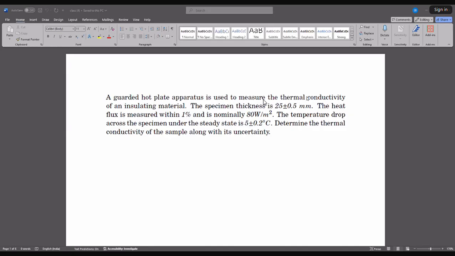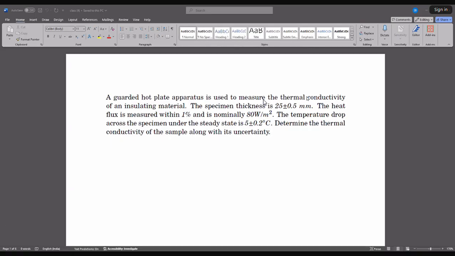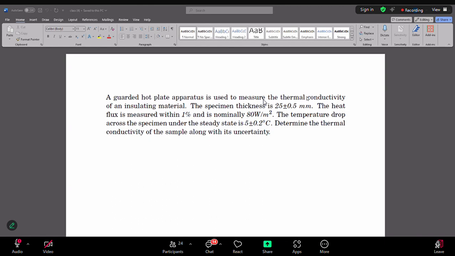Recording in progress. So today I plan to solve some questions on thermal conductivity measurement. Tomorrow I would solve some questions related to bulk mean temperature. We had also missed solving some questions on radiation heat transfer, that is the high temperature measurement.